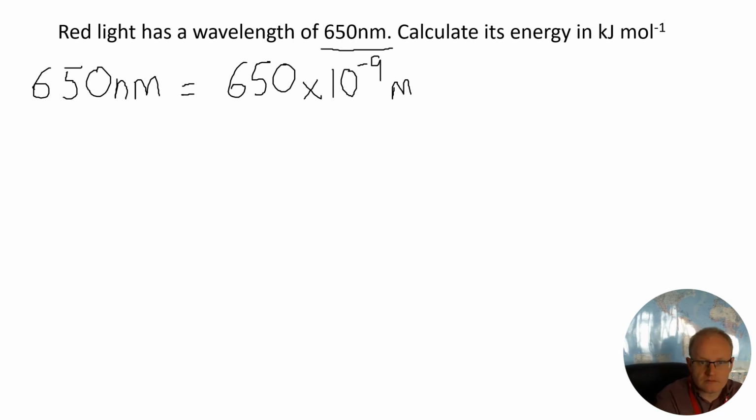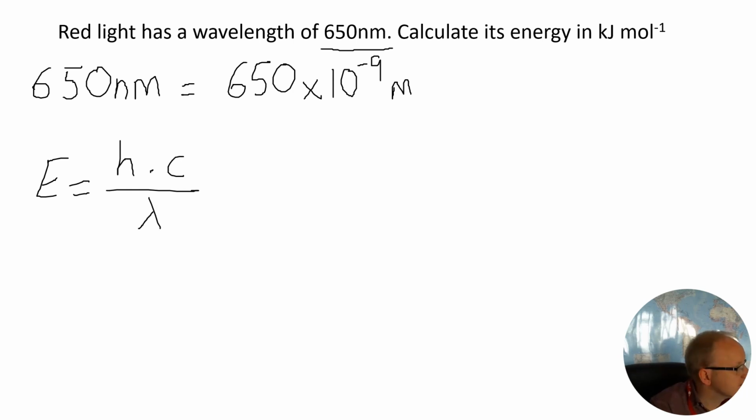Okay. So we know the wavelength. And if we think back to the previous page, I said that E equals H times C over lambda when you combine the two equations together. H and C, you just look up on your data sheet. They're just constants. And lambda is what we've just worked out here, the wavelength.